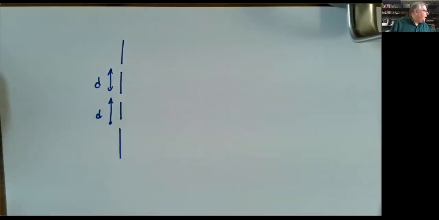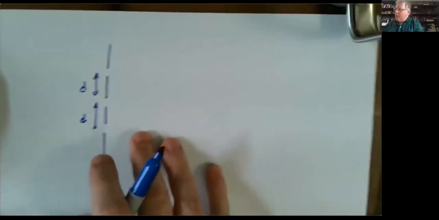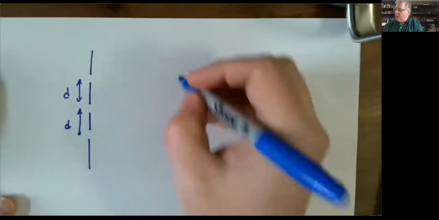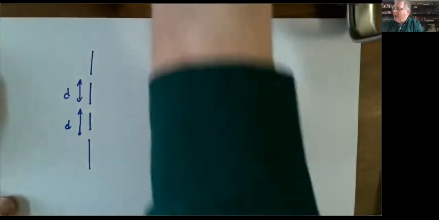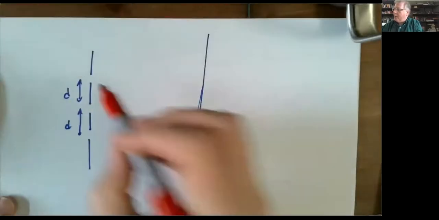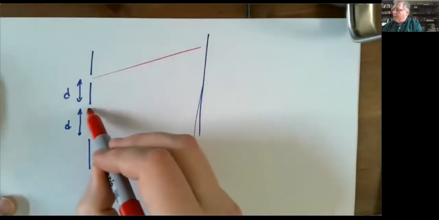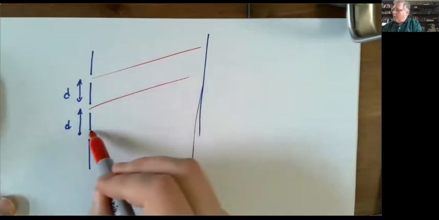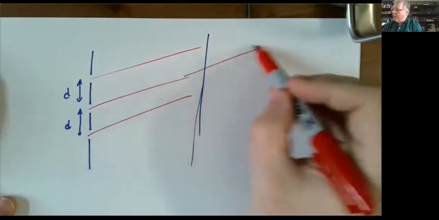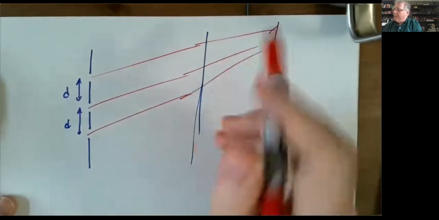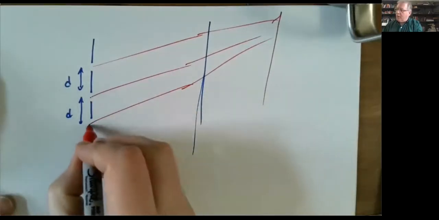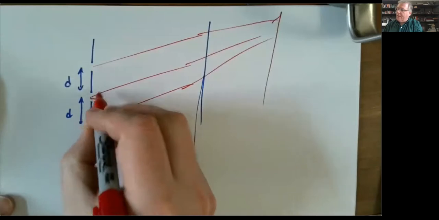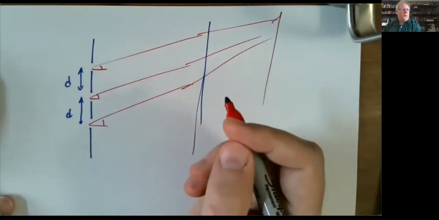So now we can think about what's going to happen when we do this. Well, we can draw the same picture as we did before. I'm going to put the screen far off on the right here, and I'll have a line coming from the first one going somewhere, and from the second one going somewhere, and the third one going somewhere, and eventually these will all converge to the same spot on the screen. And again, the screen's far away, so we'll make the same approximation, and so these are all coming off at that same angle, or very close to it, as before.